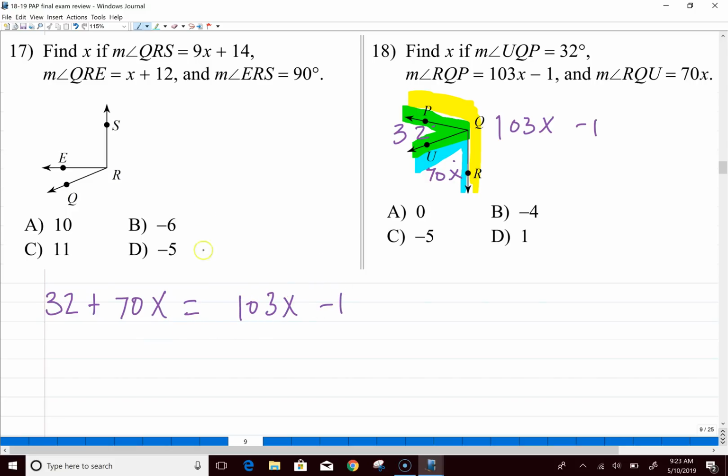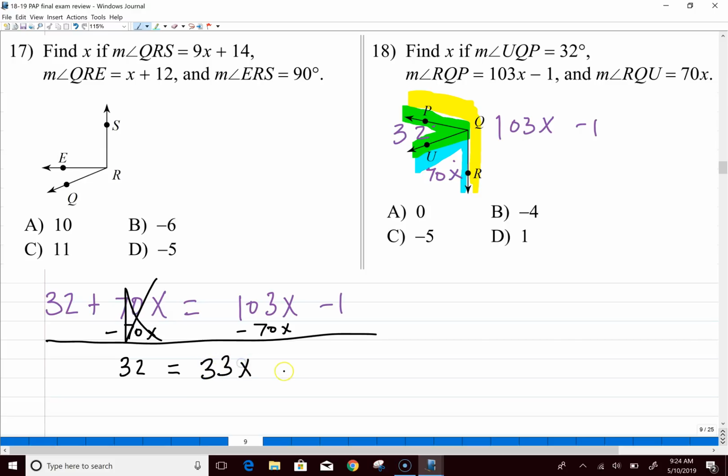There's x's on both sides, so subtract or move the smaller one. The smaller x would be 70, so subtract 70x. That goes away. This is 32 is equal to 103 minus 70, 33.